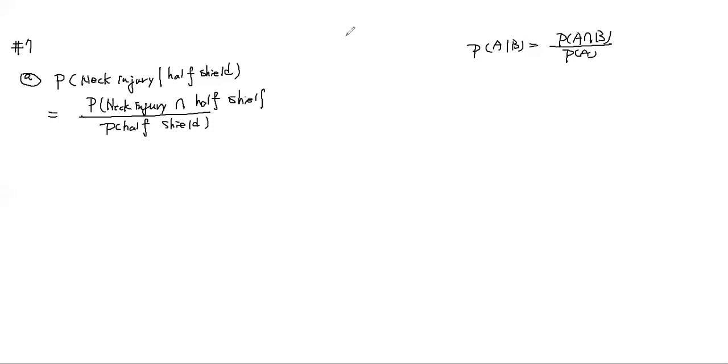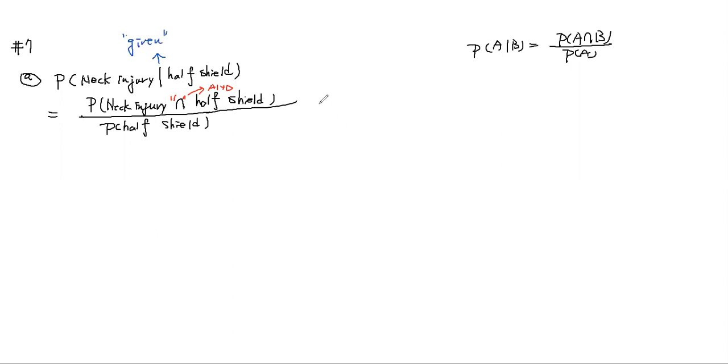Now we just need to find the values. Remember, intersection means and, right? And a while ago, we decided this, because when we read the problem, we see the keyword given.